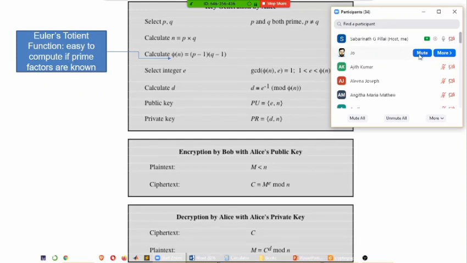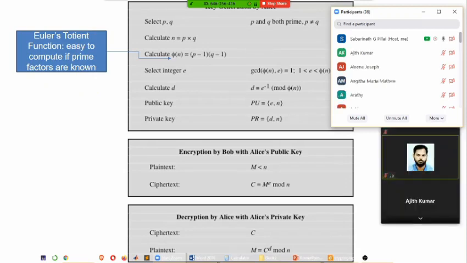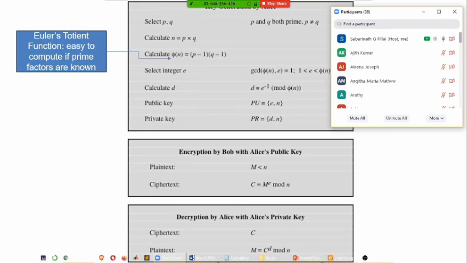Okay, phi of n എന്ന് പറയുന്നത് is something called a totient function. Okay, you call this the Euler's totient function. The Euler's totient function computation is quite difficult, but there is a simple fact that Euler's totient function of a prime number will be equal to prime minus 1.